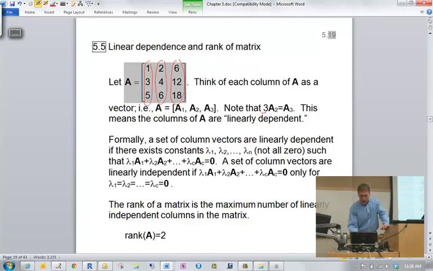If I take 3 times the second column, I get the third column. When this happens, we say that the columns of A are linearly dependent, meaning one column is a function of another column or maybe multiple columns. This is called linear dependence.